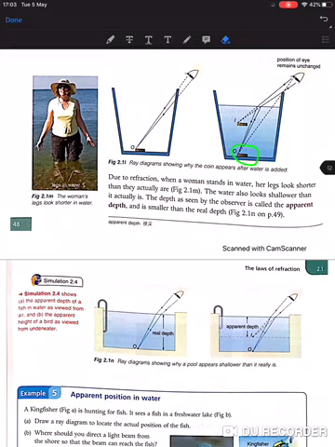And then when it passes through the boundary from water to air, it will want to be bending away from the normal, because it starts from the slow side and it bends away from it.